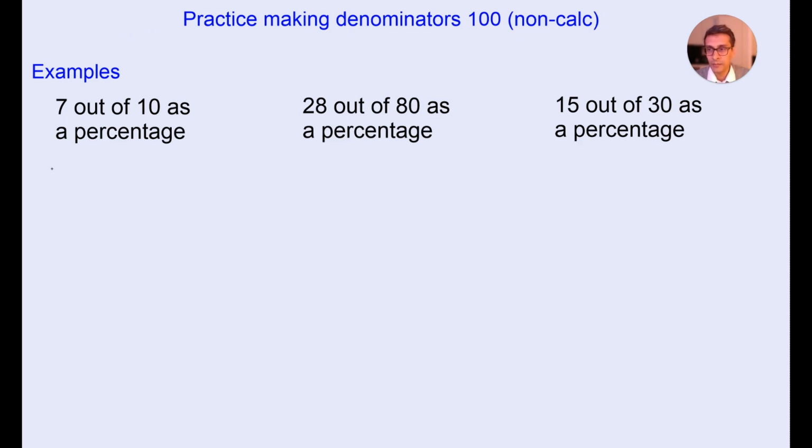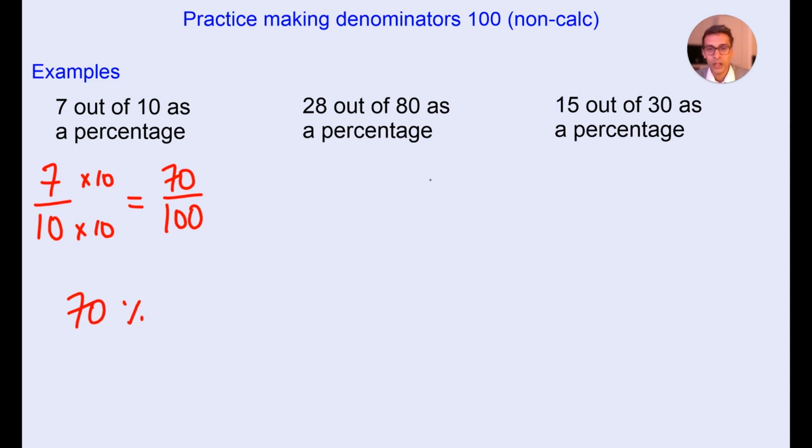So 7 out of 10, this one's going to be very straightforward. 7 over 10 times 10 times 10 gives us 70 over 100, which is 70%. 28 out of 80. Now, we're going to need to simplify here first.